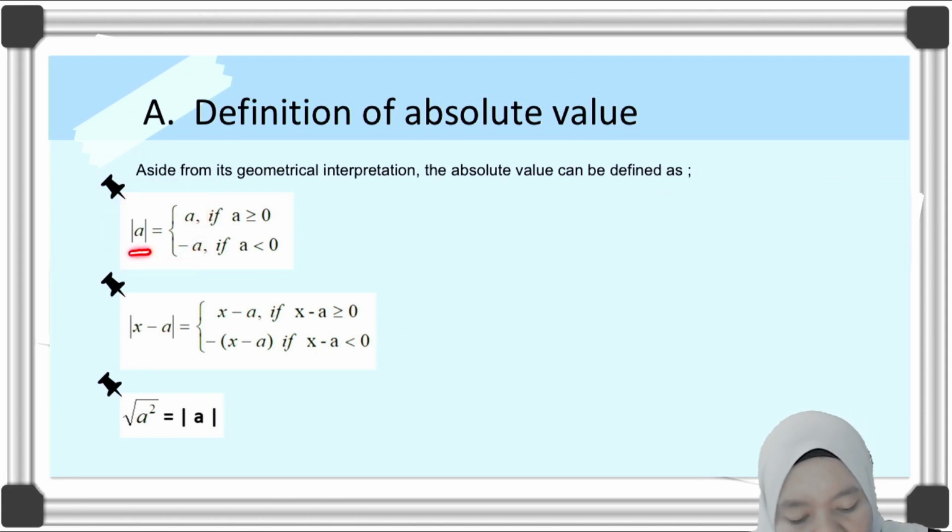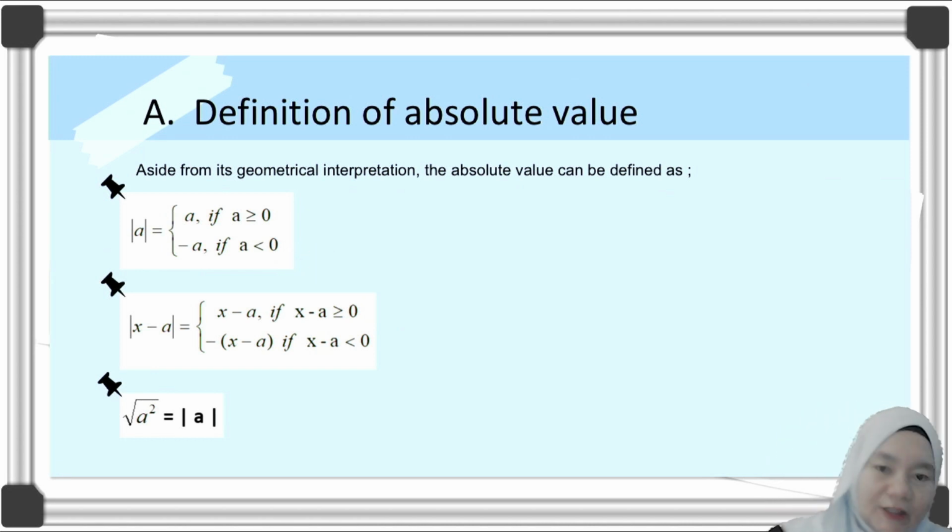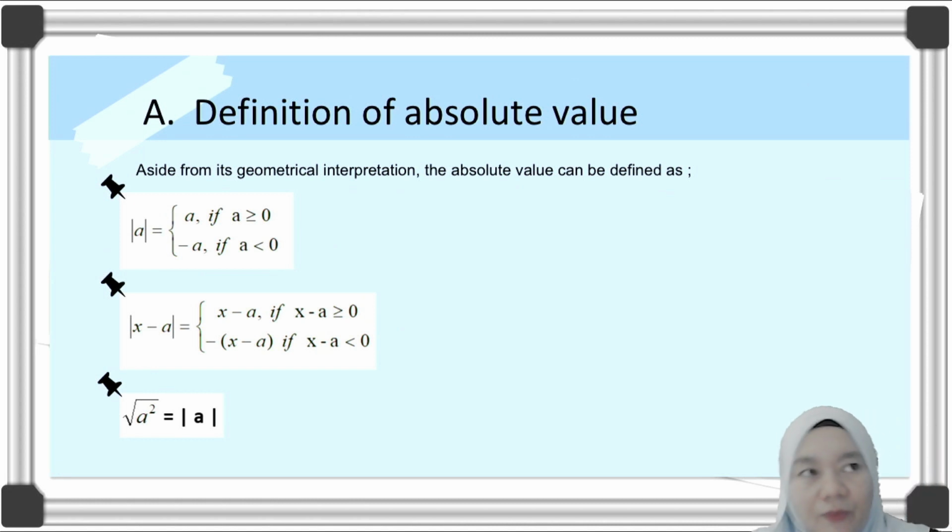So, absolute value of A is equals to A if A is greater than or equals to 0, and absolute value of A is also equals to negative A if A is less than 0. Okay, yang ini macam tadilah, dia lebih kepada definition yang tadi yang saya tunjuk tadi. Dia maybe X equals to 5, maybe X is 5, or maybe X is negative 5.